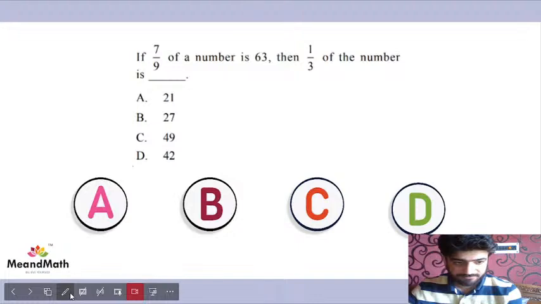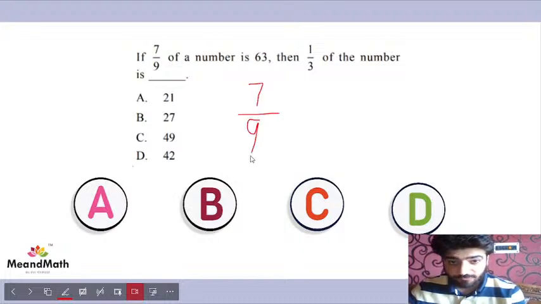All right. So what is happening here is that 7 by 9 of a number is 63. Here "of" means the multiplication sign. Say the number is N, then 7 by 9 times N is equal to 63.